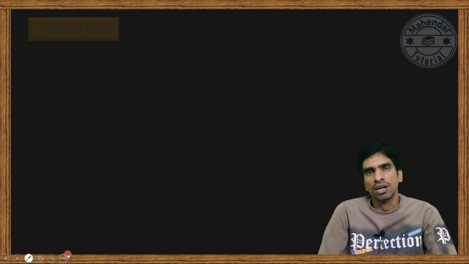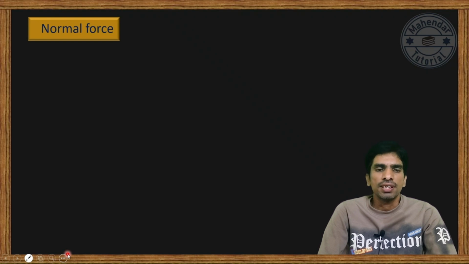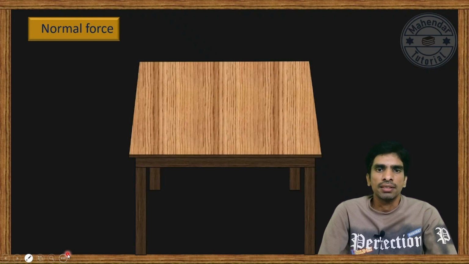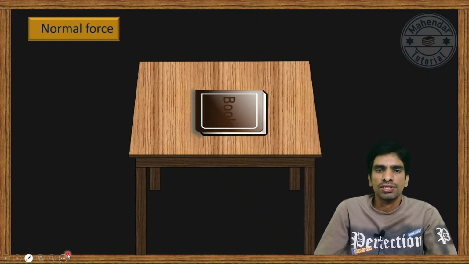Next one is normal force. Here is a table and there is a book on the table. What forces are acting on this book? Here you see, first gravitational force acts on this book, and gravitational force always pulls the object downward. So Fg is the gravitational force.